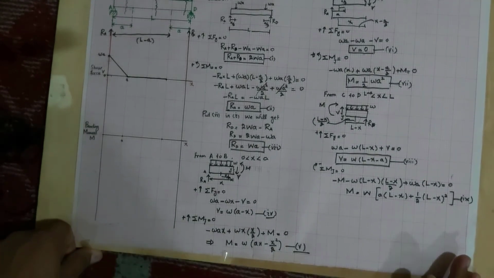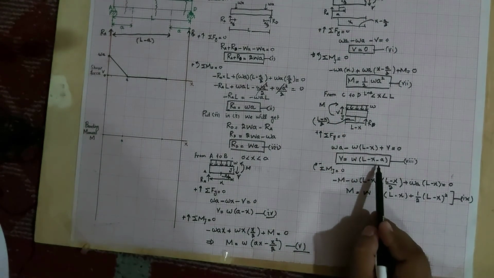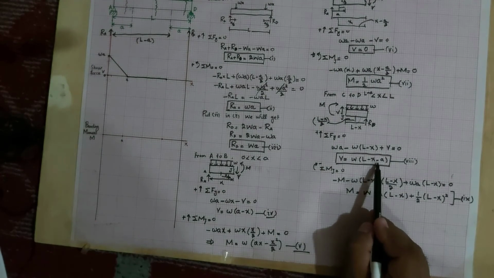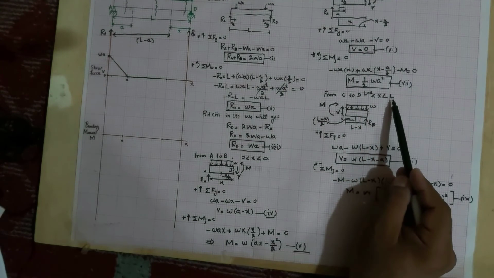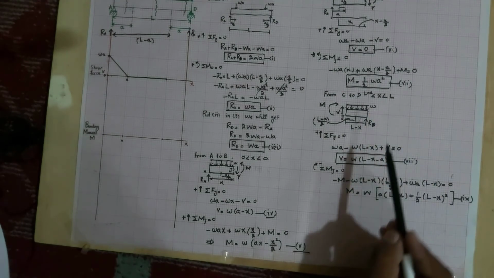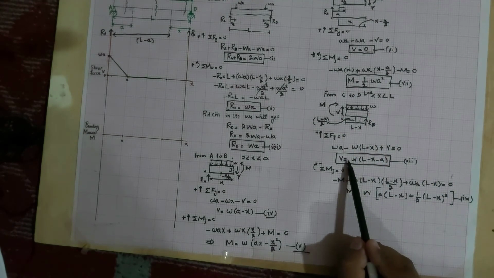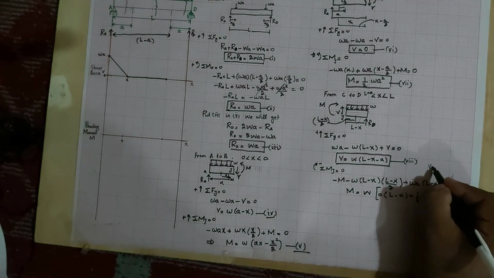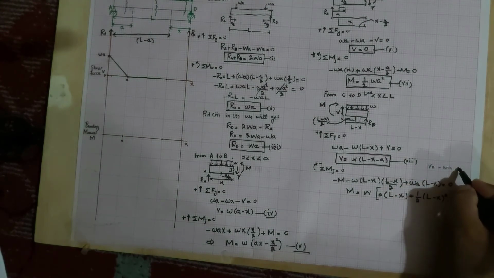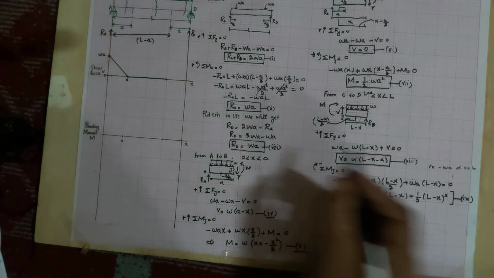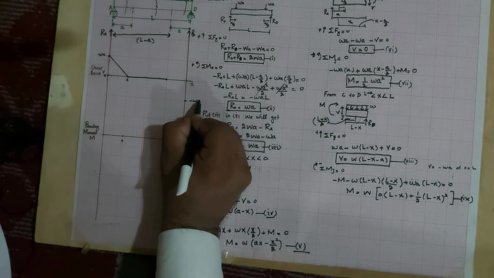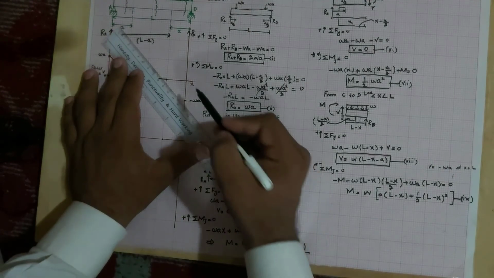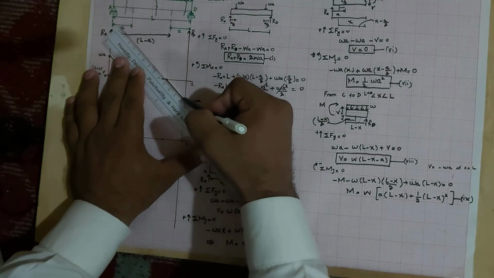Now for region C to D, the shear force equation is this one. If x is greater than L minus A and x is equal to L, so if you put x equal to L, clear? This L and this L will cancel and we will have V equal to minus W into A at x equal to L. So this will be minus W into A. Again you have to join these two points.